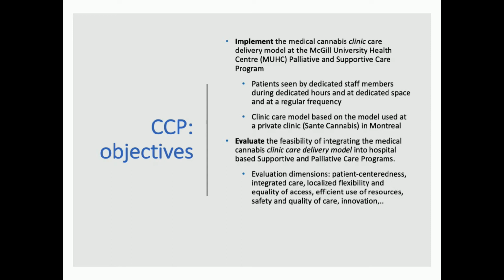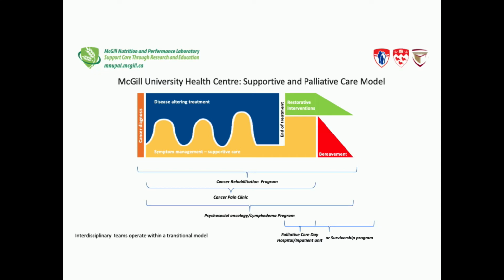And so we evaluated a certain dimension. This is a model that we apply in our hospital. So you can see that there is a disease trajectory that starts with the diagnosis, and at times it goes even before the diagnosis.